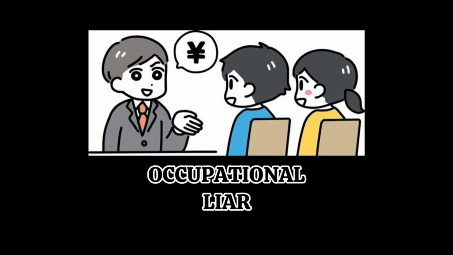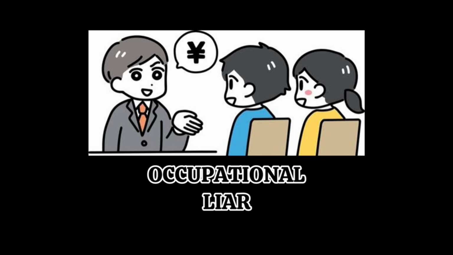So, next is the occupational liar. This type of liars are considered to be practical liars, for they lie when it has a higher payoff than telling the truth. So, occupational liars, these are practical liars. They lie if it helps them in their job or work.